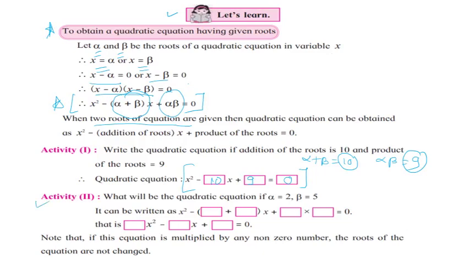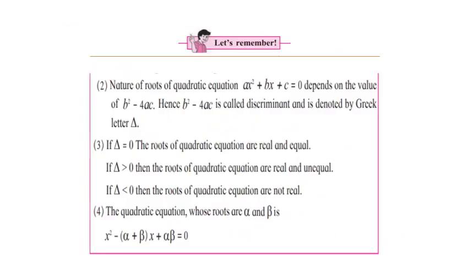Now see practice set 2.5. Before practice set 2.5, let's remember these few points. First, the nature of roots of a quadratic equation depends on the value b square minus 4ac. This is called the discriminant and is denoted by the Greek letter delta. The three conditions: if delta equals 0, then roots are real and equal.